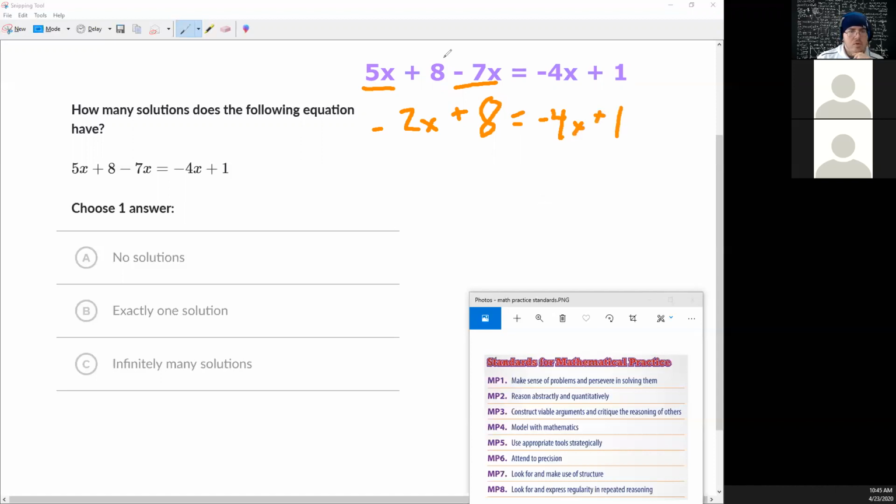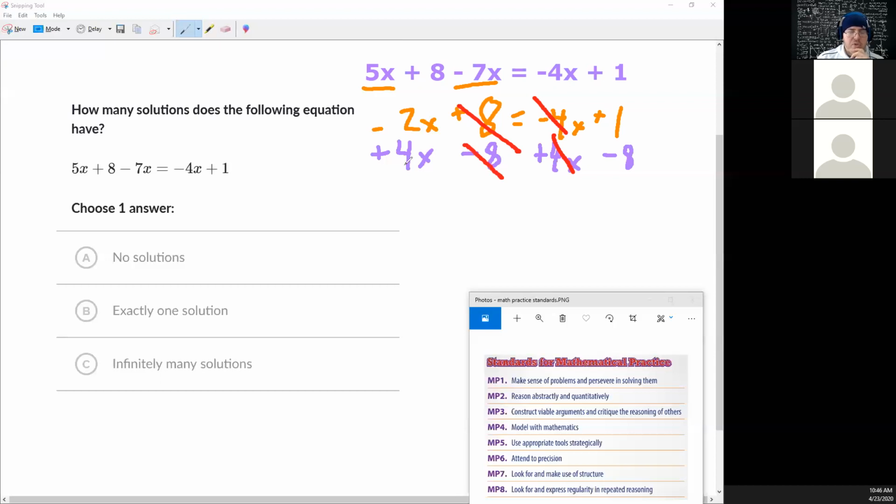Okay, so if I were to add 4x to both sides, that means these go away. And if I were to subtract 8 from both sides, these go away. So what are we left with?